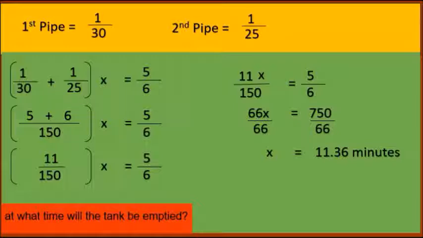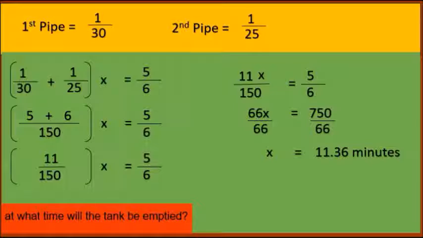Ngayon, yung 1/30 plus 1/25, ang least common denominator nila is 150. Correct? Yan yung number na makakadivide sa 30 at 25.